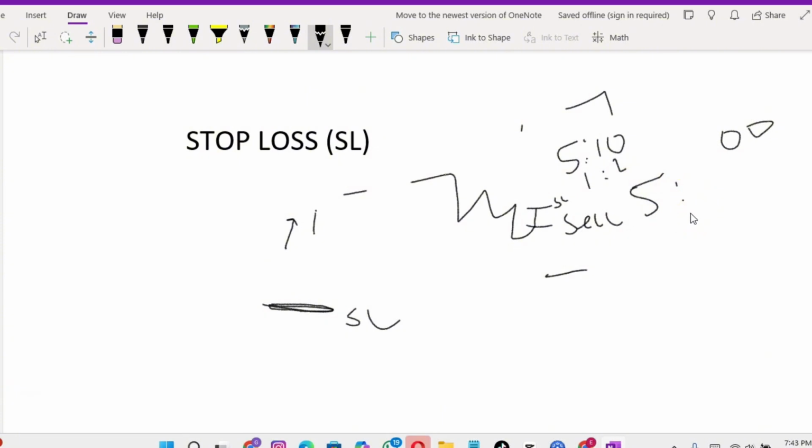You have calculated that this is the money that I want to risk on this trade. You get? So we cannot control the market, but we can control how much we lose on a trade by setting our stop loss and knowing how much capital we want to risk on a particular trade. So setting a stop loss order is very important.